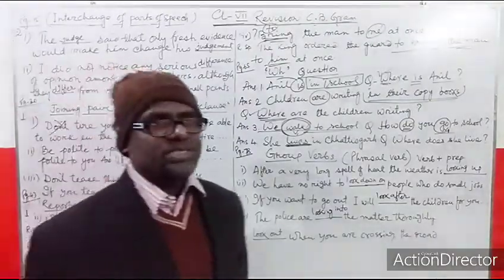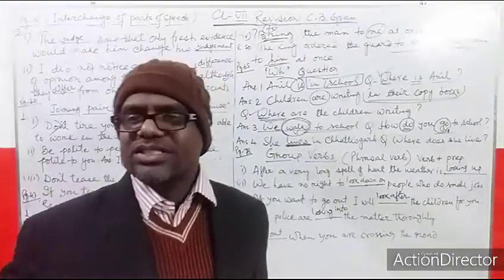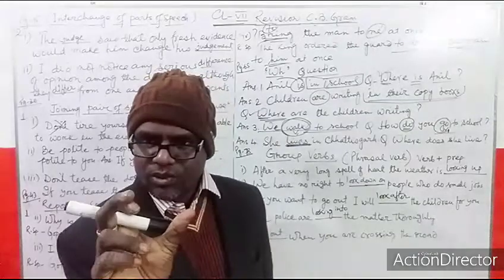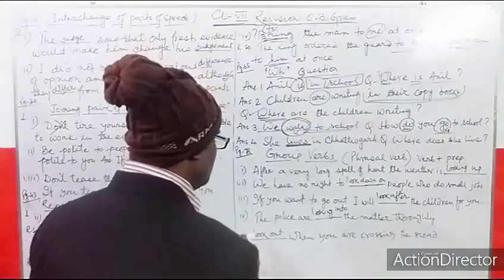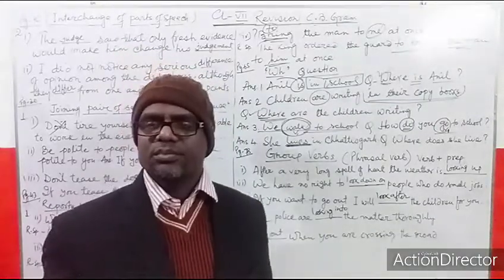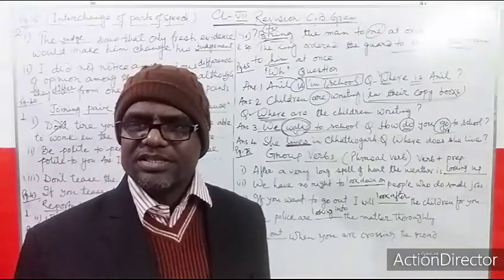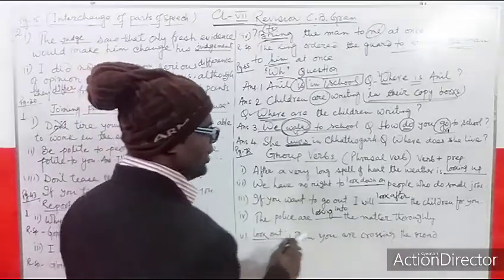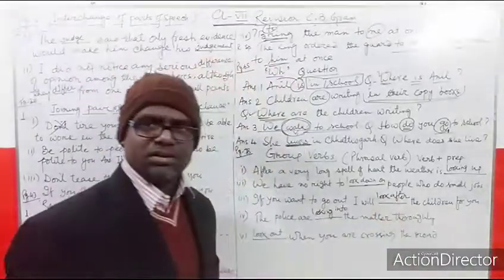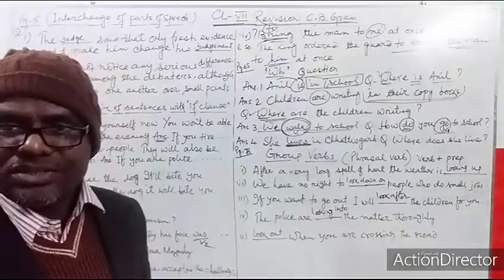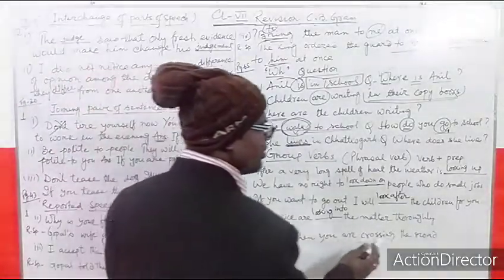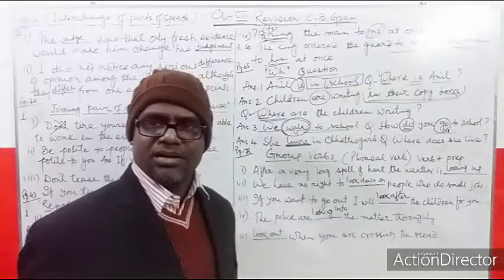So if I want to say be careful when you are crossing the road, instead of the words be careful, you can write look out. Be careful, that means look out. Whatever meaning comes with be careful when you are crossing the road, the same meaning comes when you write look out. Same meaning.